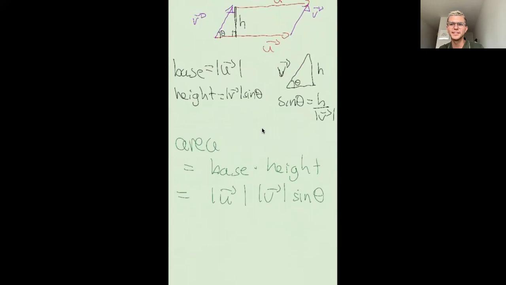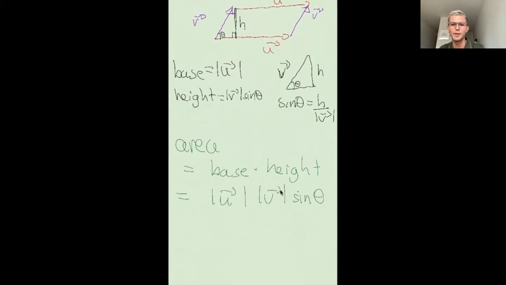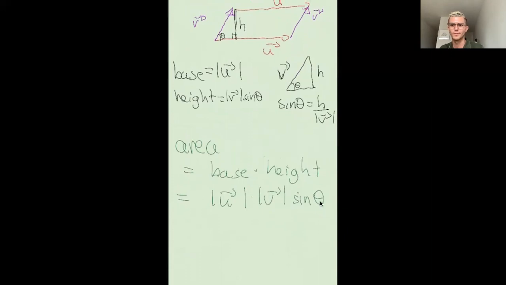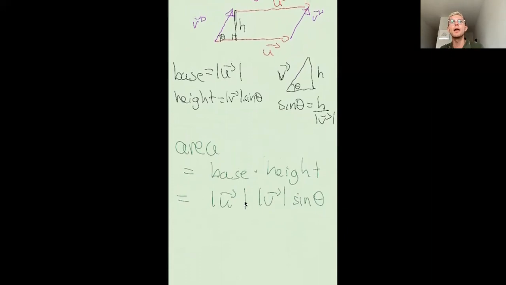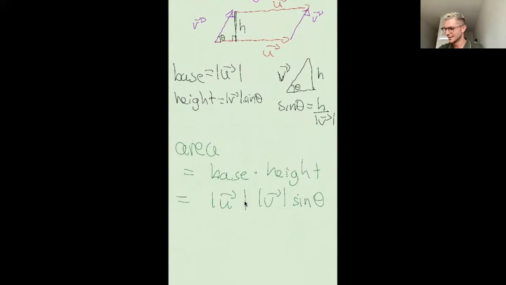But what is that equal? Doesn't this look familiar? What does this remind you of? The dot product just with the sine. Well, right, it is like a dot product with the sine, but there's actually something that we just saw. This is the size of the cross product, right? That's the norm of the cross product.